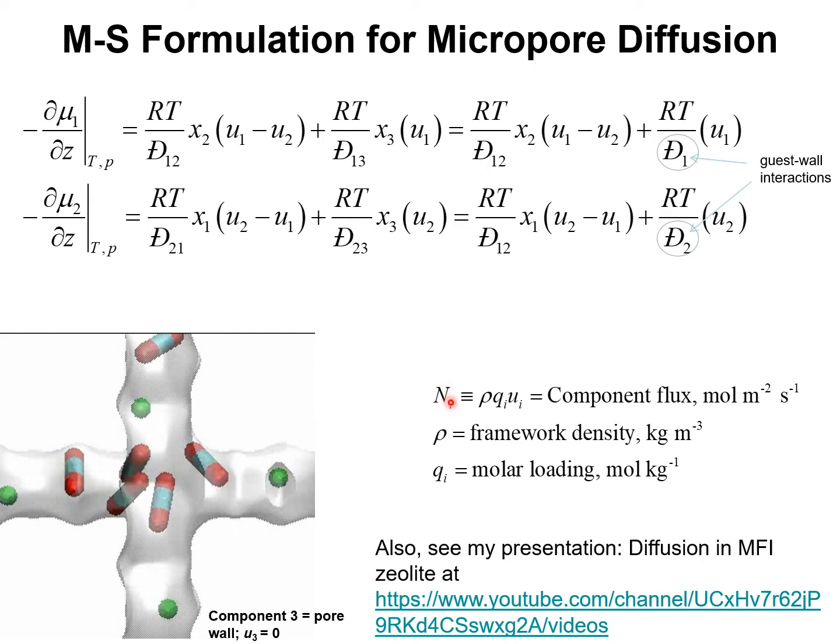The flux of component i, Ni, equals the framework density, rho, multiplied by the molar loading of the adsorbate inside the micropores, Qi, multiplied by the velocity, Ui, with respect to the pore wall. The units of the fluxes are moles per square meter per second.